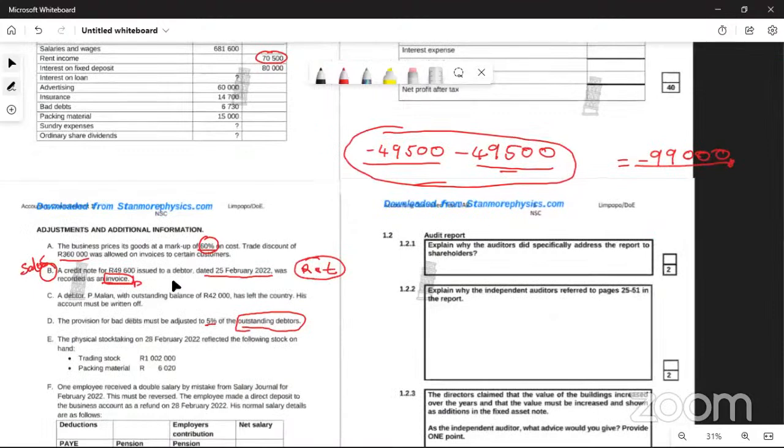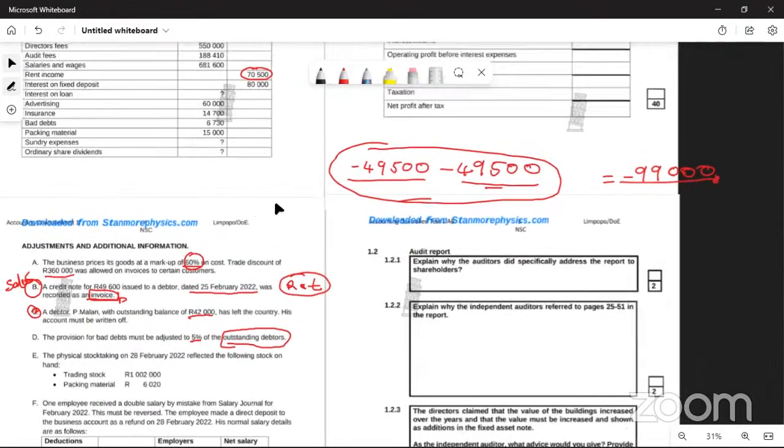Our new bad debts, if you remember in transaction C, a debtor P Malani with an outstanding balance of 42,000 has left the country. His account must be written off. So the account will be written off. Anything that we write off, these are the new bad debts.